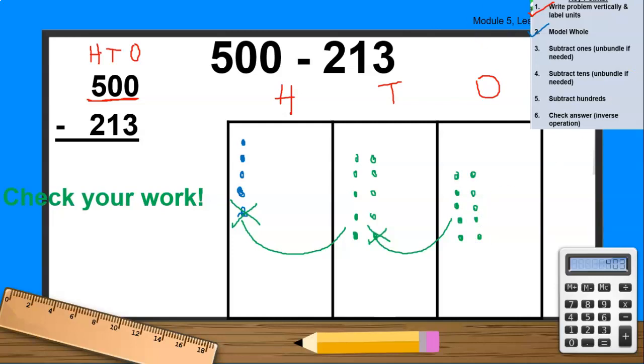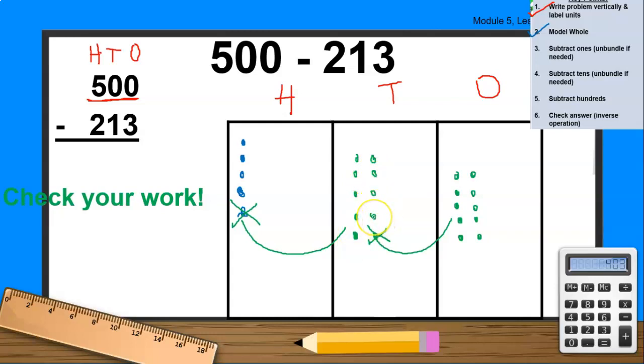Oh my goodness. So let's count aloud to rename 100 as 9 tens. Here we go. And let's see if all this makes 100. 10, 20, 30, 40, 50, 60, 70, 80, 90.